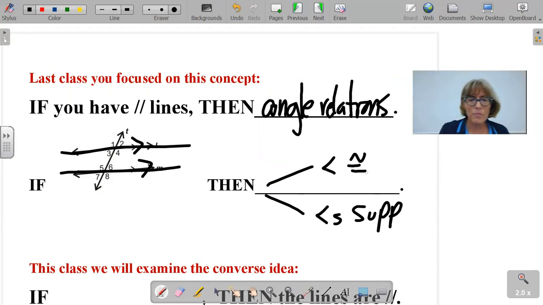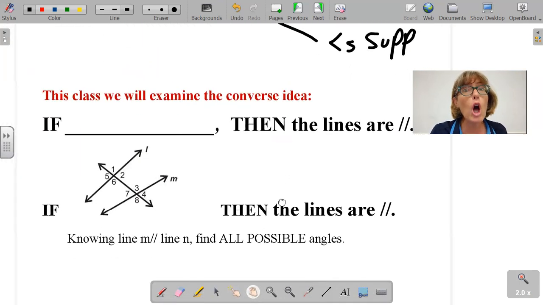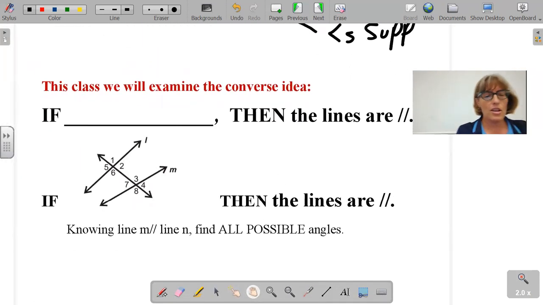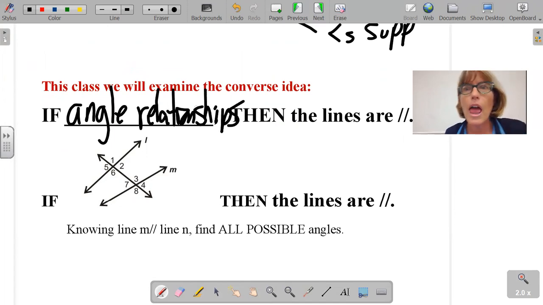Last class. This class, we're going to go and talk about the converse. So the converse says this: if I have a certain set of angle relationships, then it forces lines to be parallel.